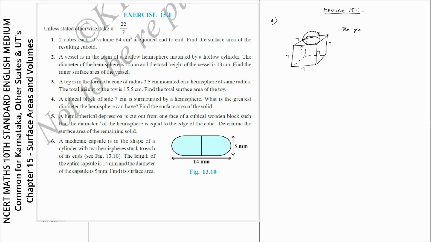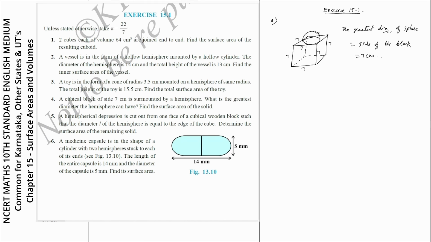So the greatest diameter of sphere is equal to side of the block, so that is equal to 7 centimeter, okay. Now find the surface area of the solid, okay.